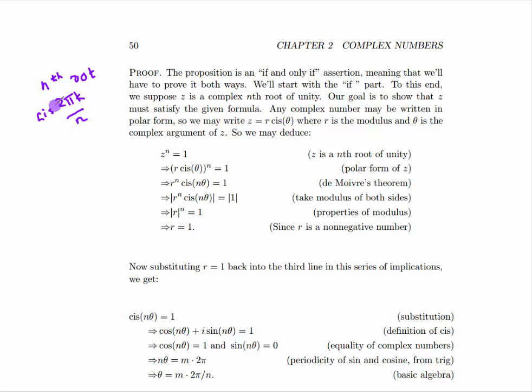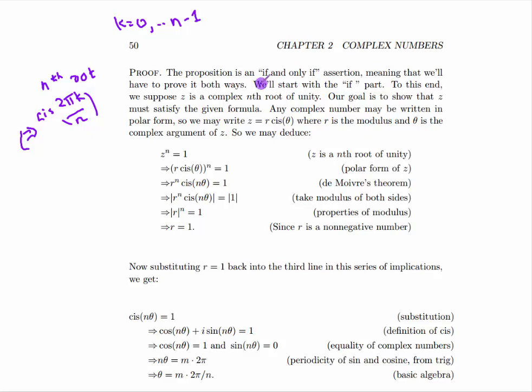That's what we're trying to show. And this k goes from 0 up to n minus 1. There are n values there, 0 to n minus 1. We want this to be an nth root if and only if it has this form.